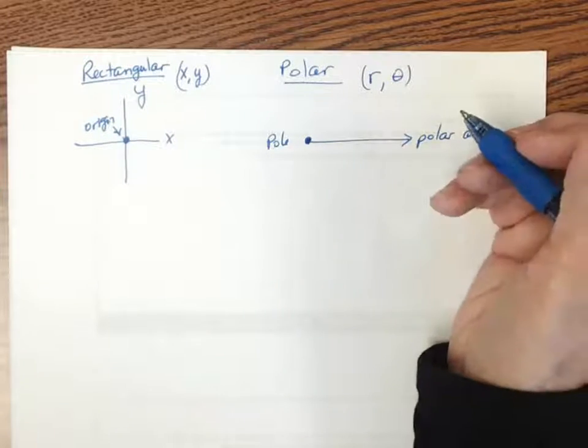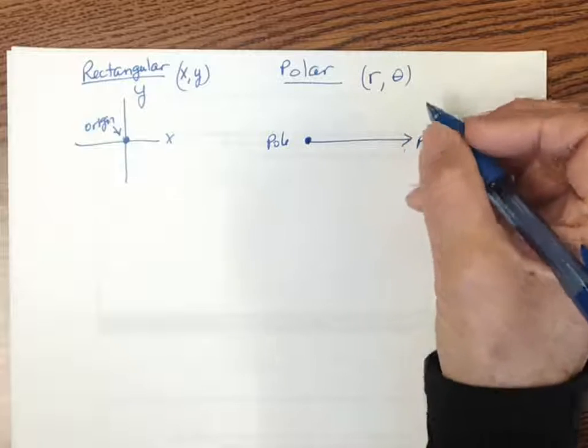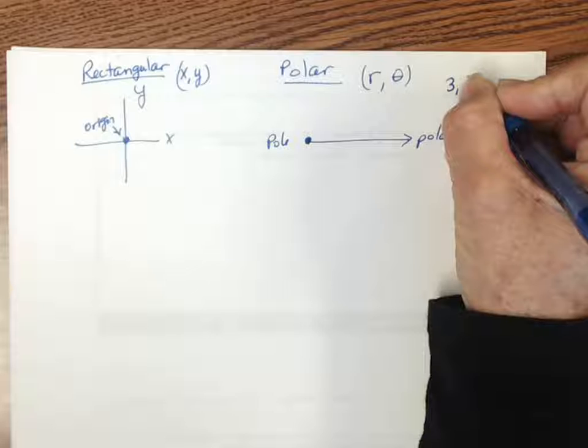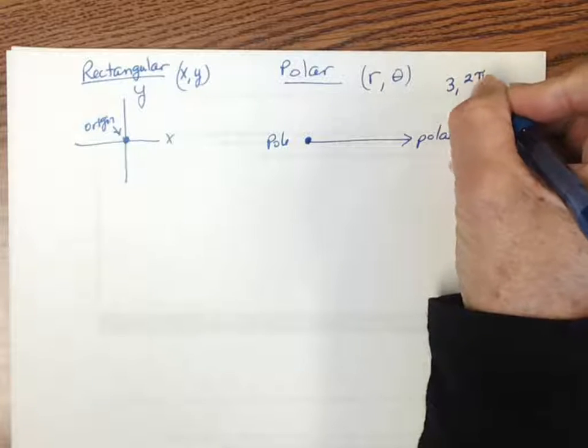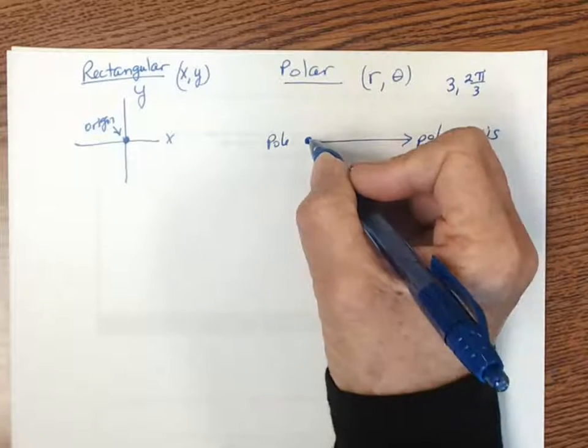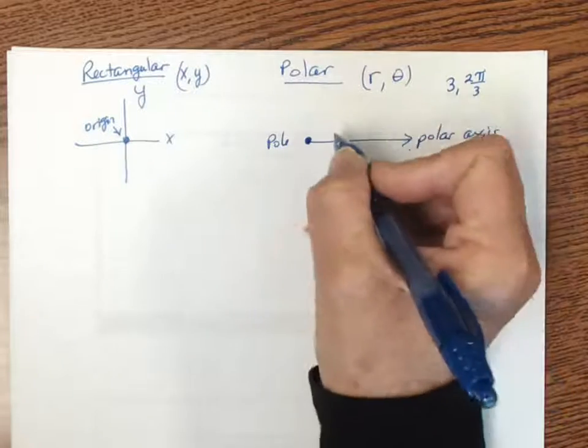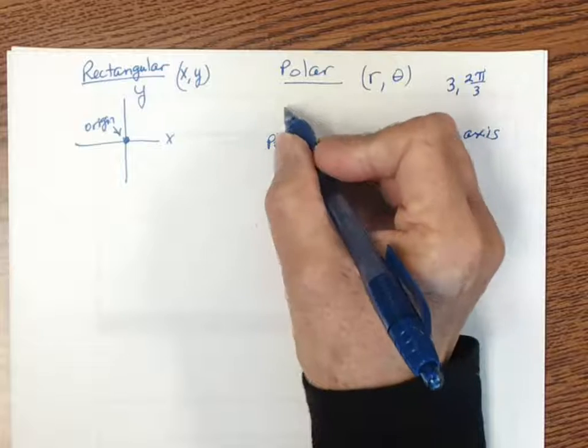So as an example, if I was looking for something that, let's say, is at 3 comma 2 pi over 3, I'm going to have to go to the angle of 2 pi over 3, and that's positive, so I'm going in the counterclockwise direction.